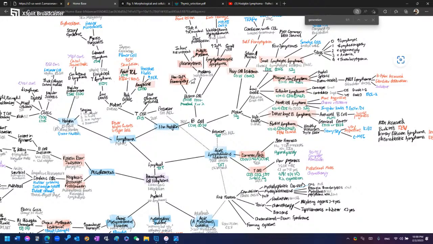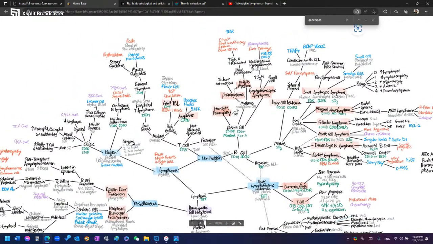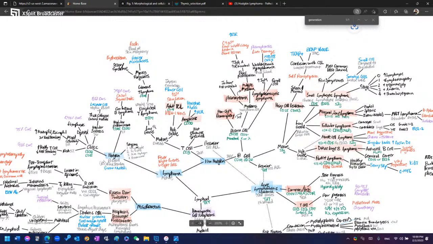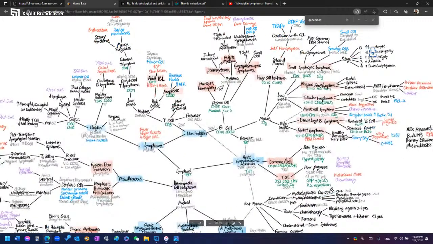Okay. All right. So let's do T cells real quick. So they can be high or low grade. The lower grade ones are actually related to the skin. So they will have CD7. What do we know about CD7? Oh, this is that one we learned about earlier, CD7, and these T cells here.